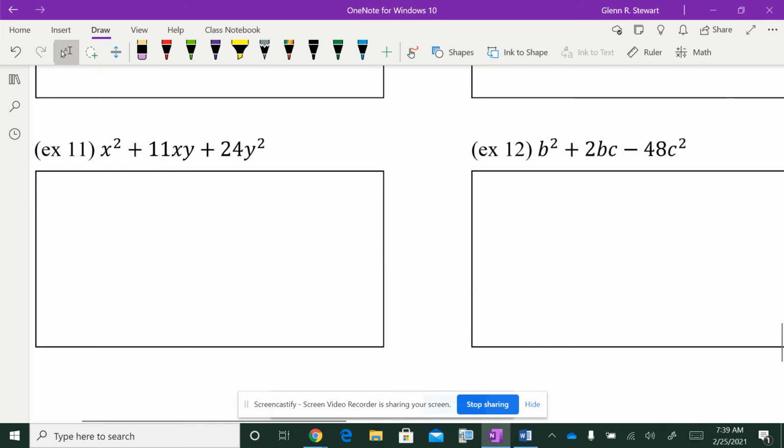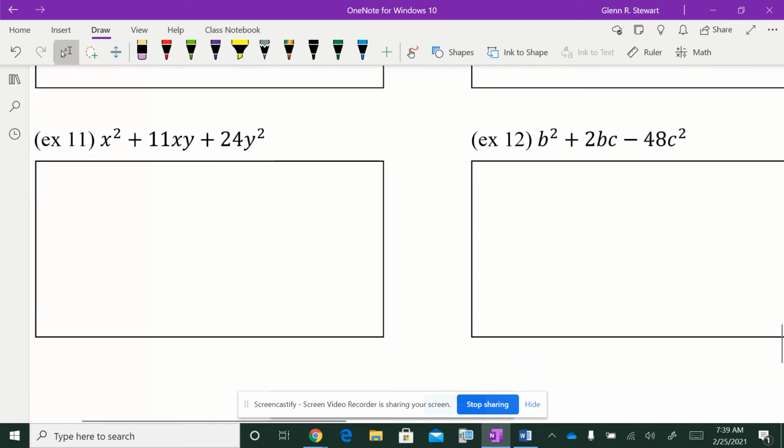All right. Last 2. What happens whenever we have 2 variables with us? Okay. I'm going to show you how to do number 11. It's super simple. And then I'll have you try example number 12. So 11, we've got x squared plus 11xy plus 24y squared. You're doing the same exact thing.